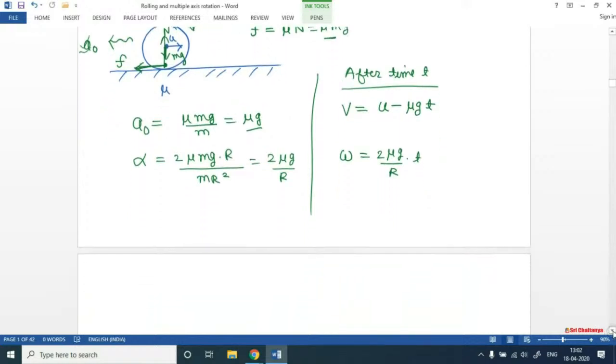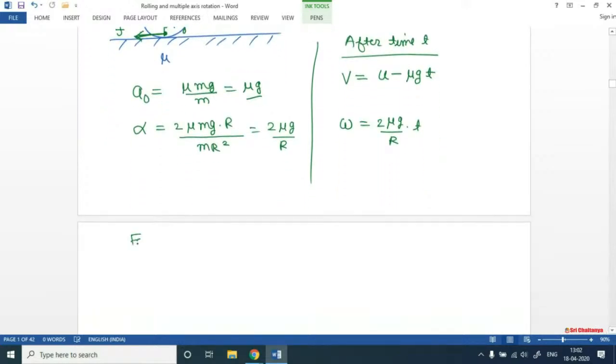Now using these relationships, for pure rolling, let's say after time t the pure rolling begins. At time t, v will be equal to r omega.